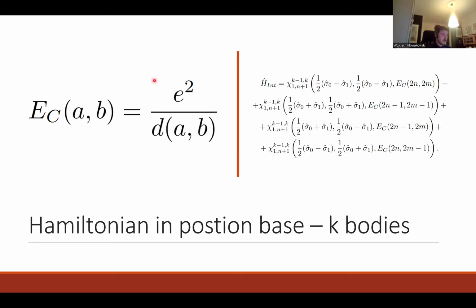So it's E squared, because we assume that the particles have a charge equal to the electron charge, and we are thinking about two interacting electrons. And the function d of AB is the function that describes the distance between some particle A and some particle B.